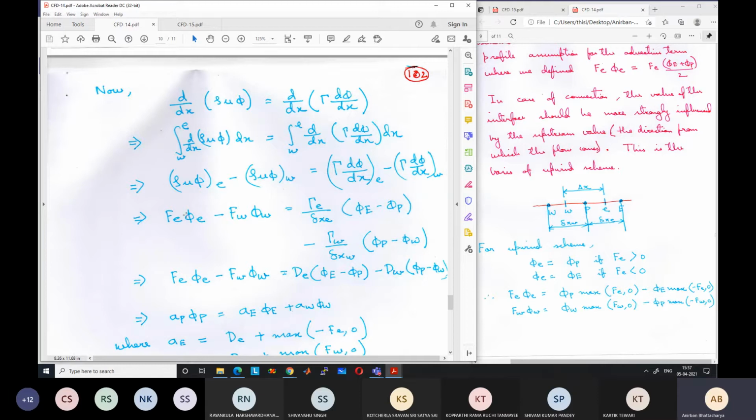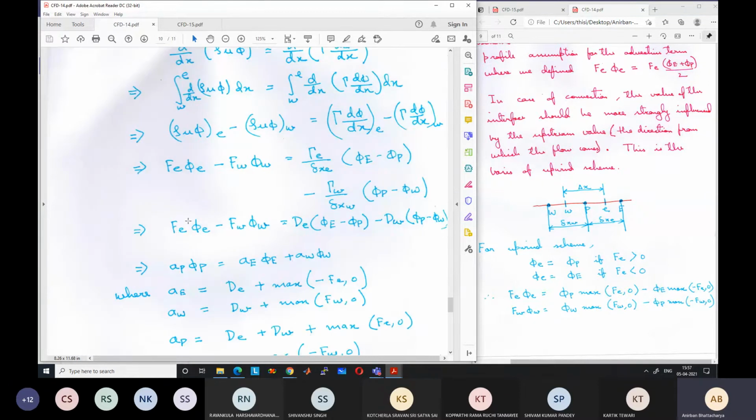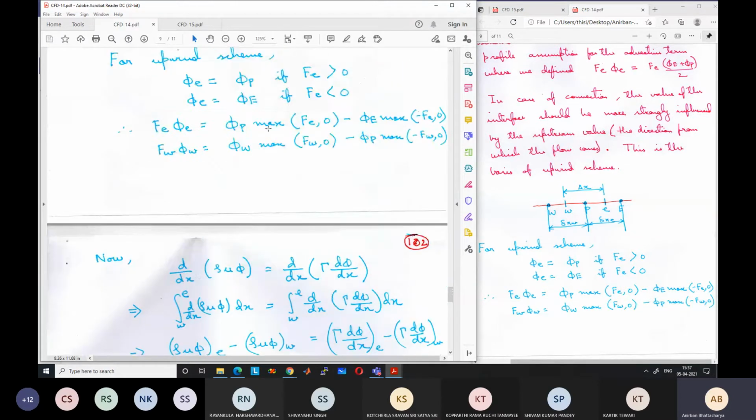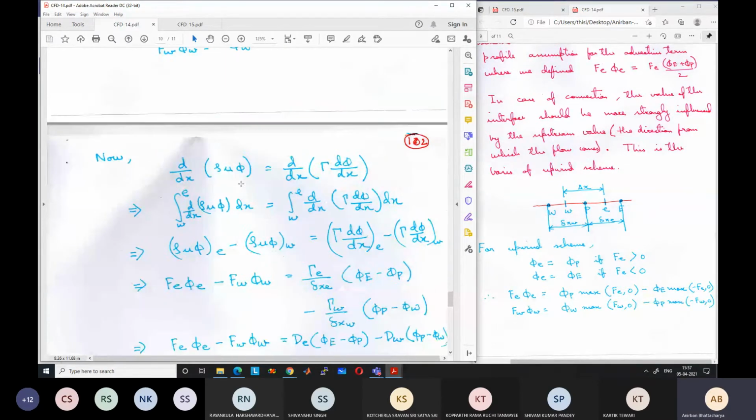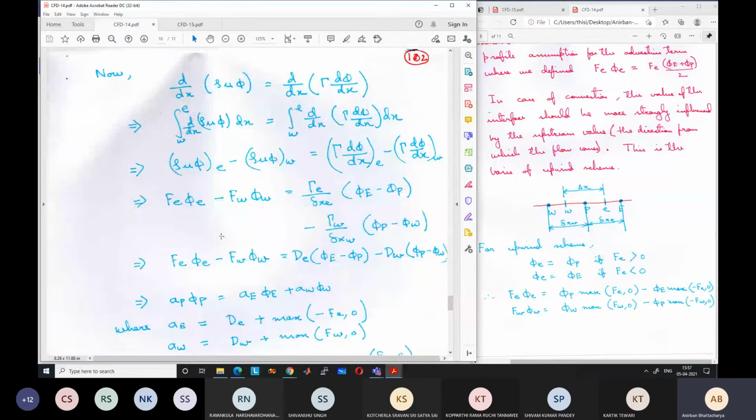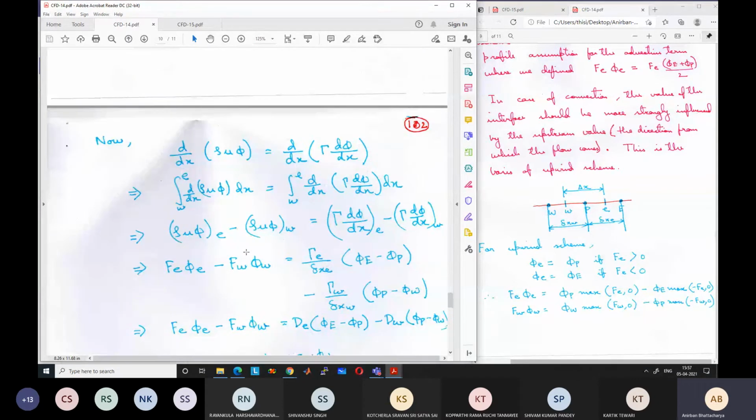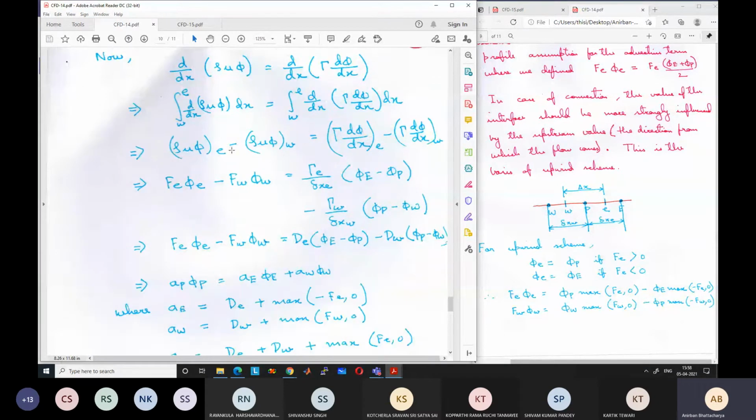Up to this point, it is the same as the central difference scheme. Even the next line is the same: Fe phi_e minus Fw phi_w is equal to D_e (phi_E minus phi_P) minus D_w (phi_P minus phi_W). At this point, we make a distinction. We replace Fe phi_e using this expression as we have derived, and Fw phi_w also using a similar expression, using the max function.